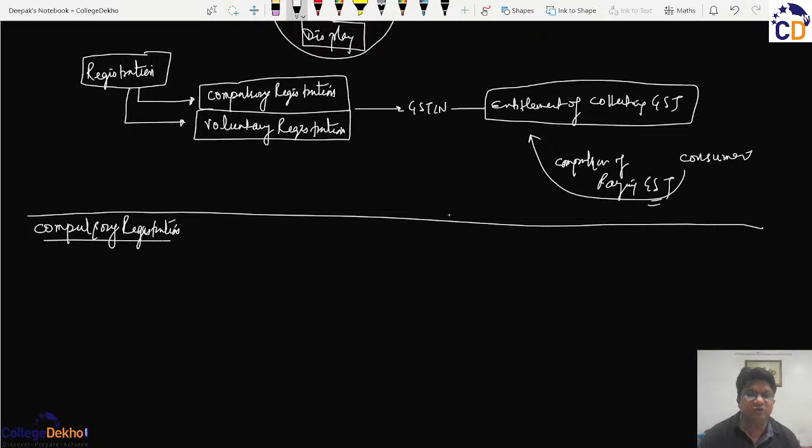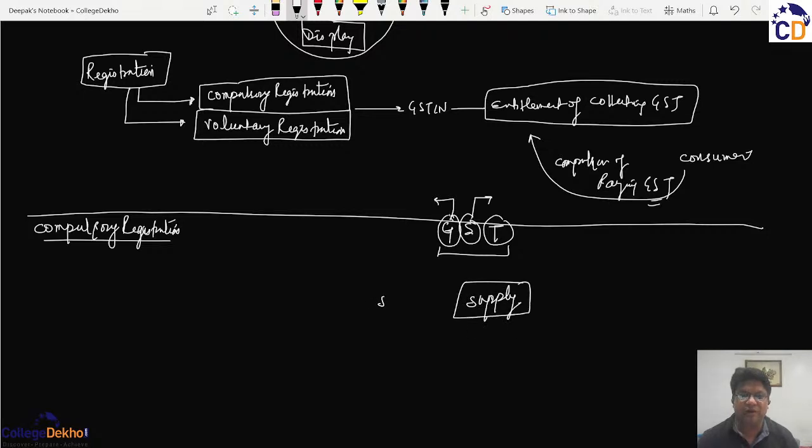So before we move into that, we have discussed in our earlier sessions on GST that because GST is a VAT-based concept, the supply of the goods as well as the services is to be taxed. Earlier, for the goods we used the word dealer, and for the services, in the earlier regime, the word supplier. But in the GST we have combined them: supply is the term which binds the two people.